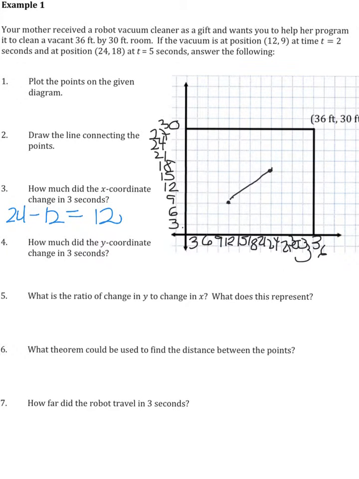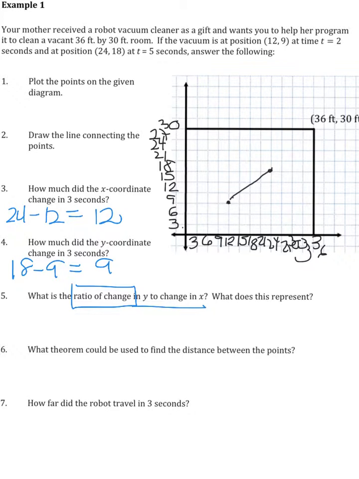And how much did the y-coordinate change in 3 seconds? So that's 18 minus 9. That's equal to 9. And the ratio of change in y to x, you've seen that before as the average rate of change back in Algebra 1. So that is slope.